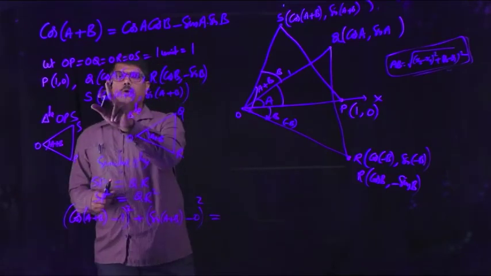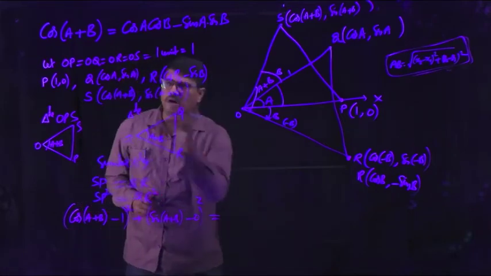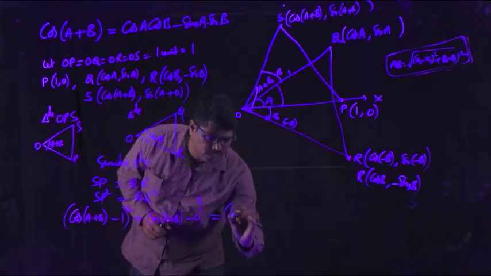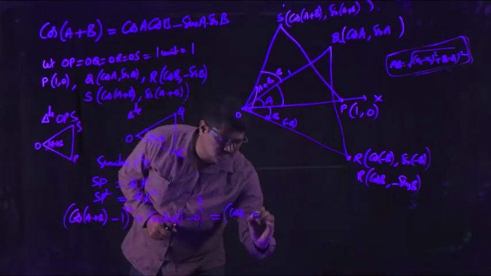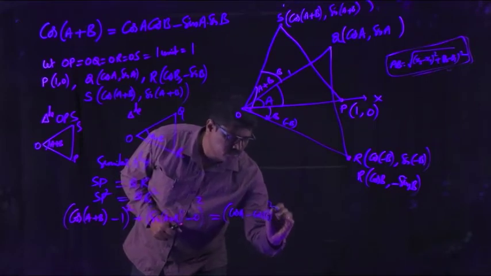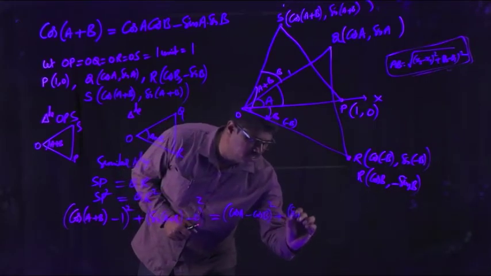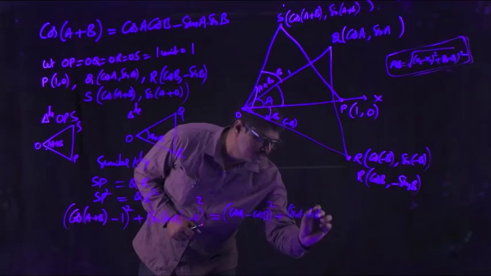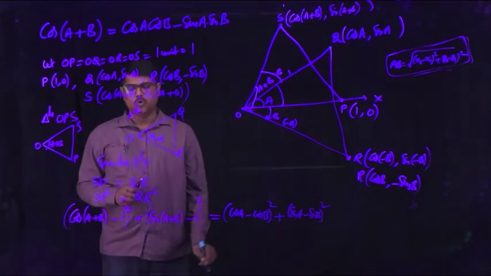We have Q point, we have R point. So applying the distance formula, you will get cos A minus cos B whole square plus sin A minus sin B whole square.